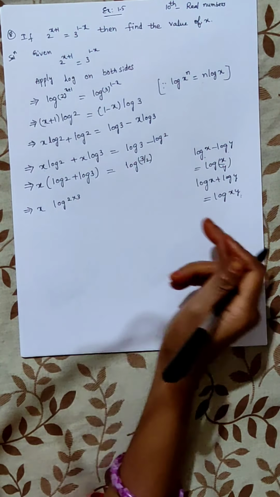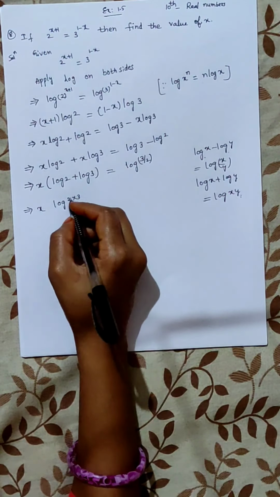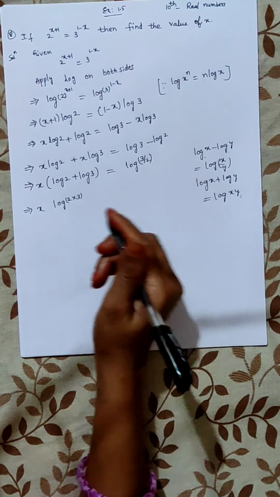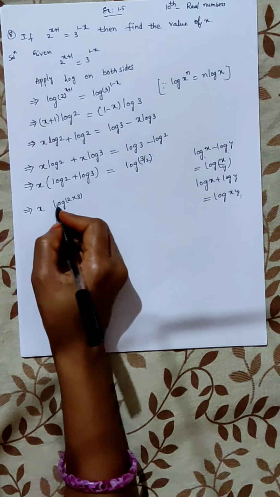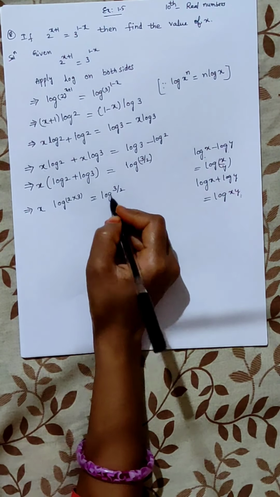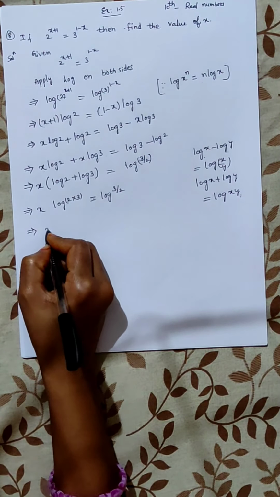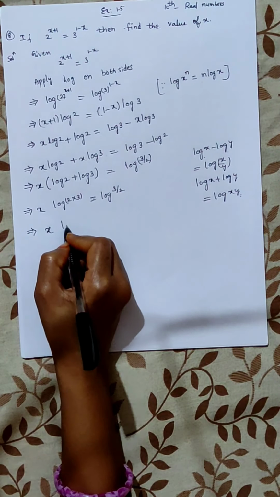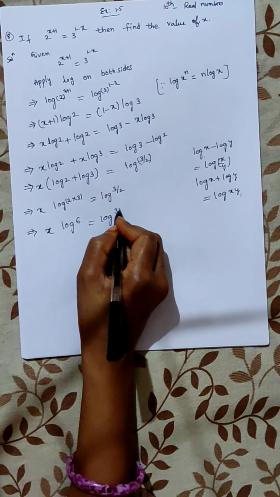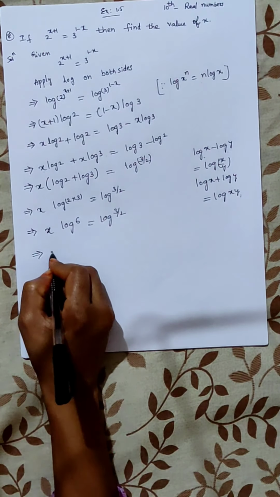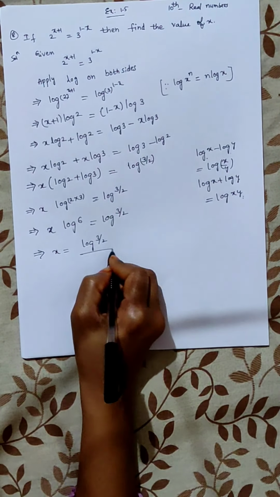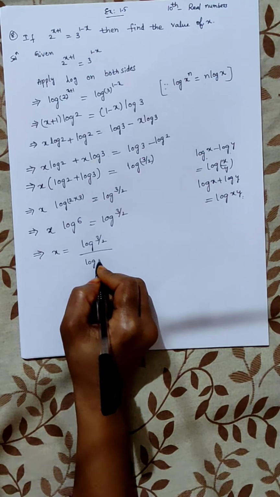We don't write 2, 3, because that will be 23. Variables you can write side by side, but not numbers. Equals log 3 by 2. That implies x into log 2 times 3, that is 6, equals log 3 by 2. That implies x equals log 3 by 2 divided by log 6.